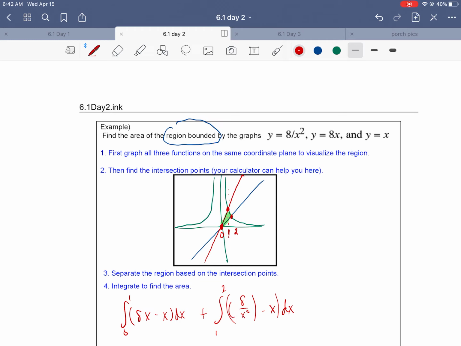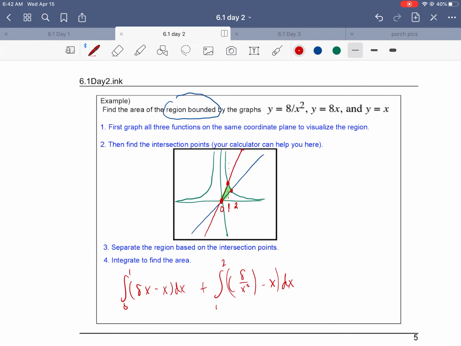Okay, simplify it when you can, if you want to. Again, you don't have to. 8x minus x simplifies nicely. And then we're going to type them into Desmos.